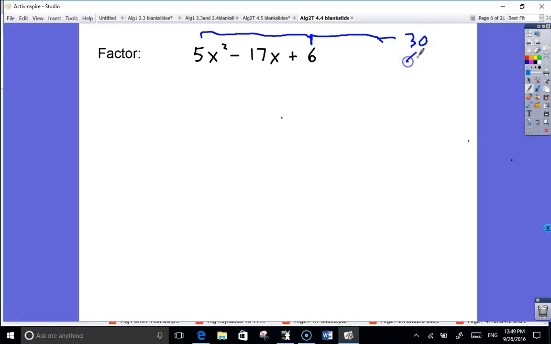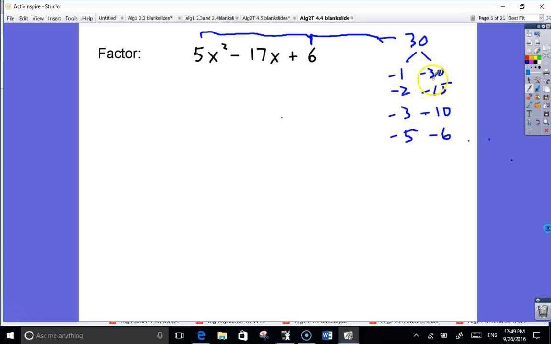Okay, well let's see. 30 has factors of 1 times 30, 2 times 15, 3 times 10, and 5 times 6. All right, and both of these numbers could be positive or both negative, but because it's a negative 17, I'm going to say they're negative. Yeah, it's going to be the negative 2 and the negative 15.